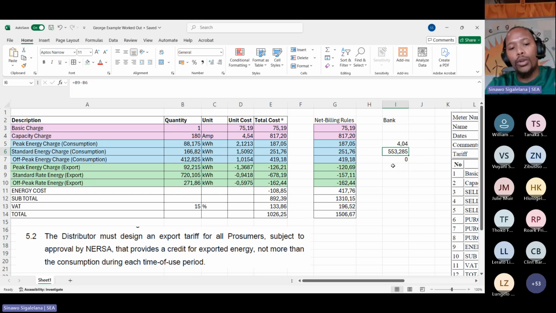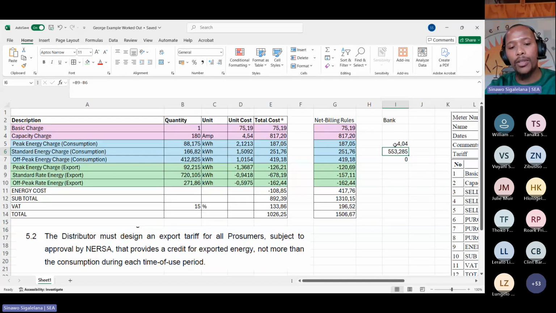If we follow the rationale here, you don't take the entire bank and apply an average or whatever the case may be. If I'm banking in standard time, I take it over to the next month and use that bank in standard time. So that would be my thinking, but it's not clear in the rules. How do we allocate the banked kilowatt hours into the next month?